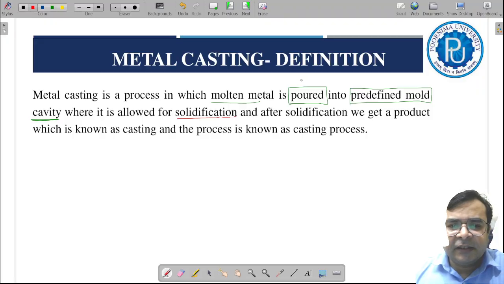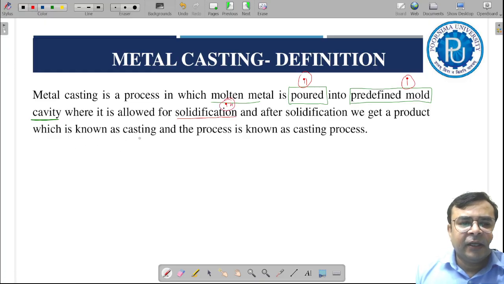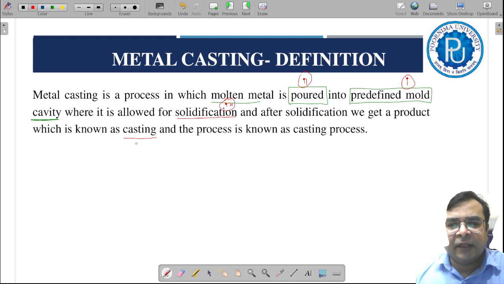Basically, in this we have mold making, pouring, and solidification activities. After solidification we get a product, also named a casting, which is the final product. The entire process involved in producing a casting is called the metal casting process.